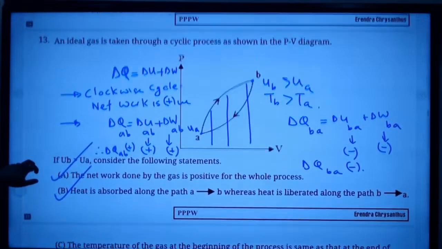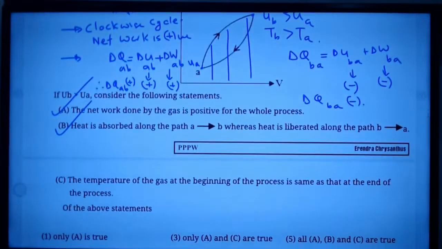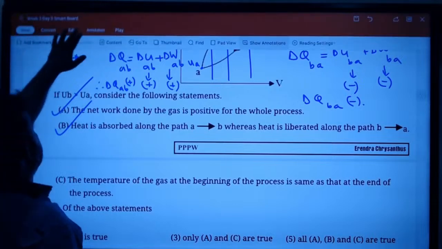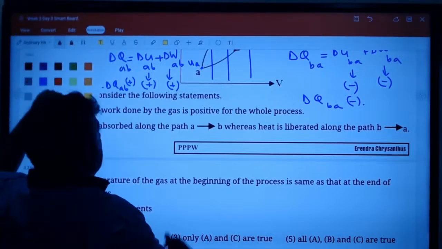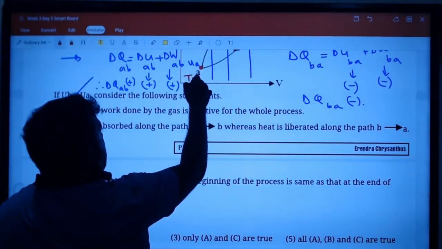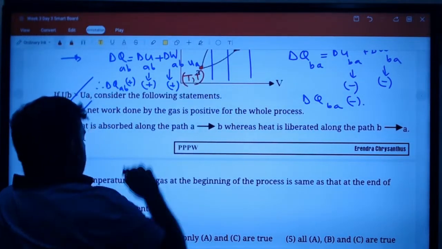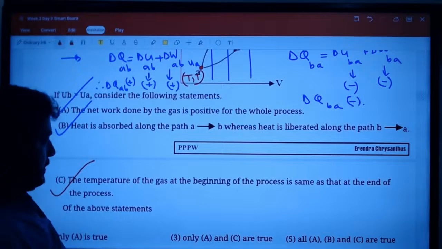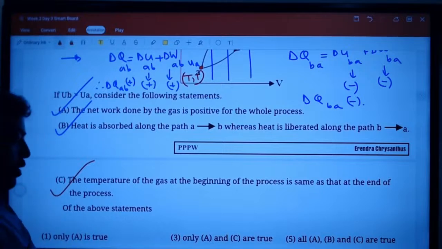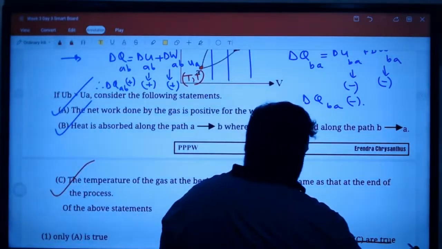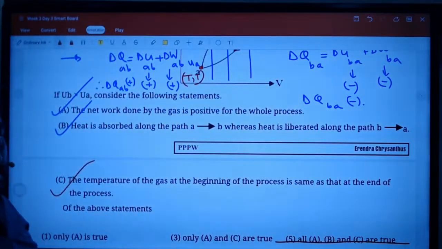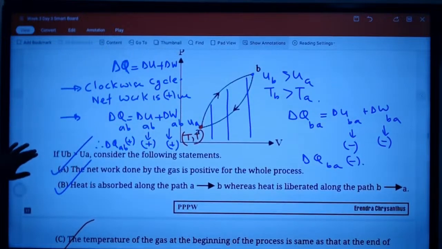Why? Cyclic process. If you mark it here, beginning temperature, finishing temperature, all are same. C is correct. A, B, C all are true. Answer number 5.